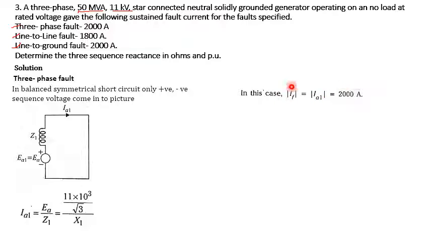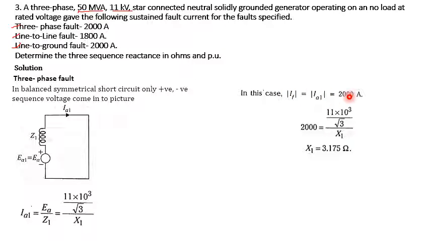Where did we get this? Already we derived that: for the three-phase fault, IF is equal to IA1. It is given that the three-phase fault value is 2000.